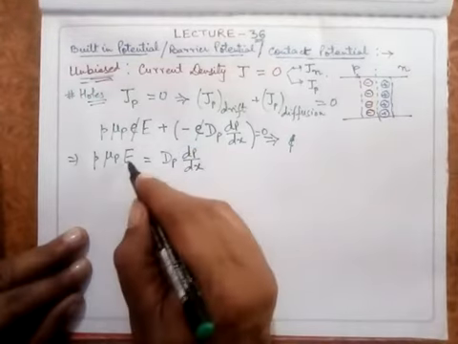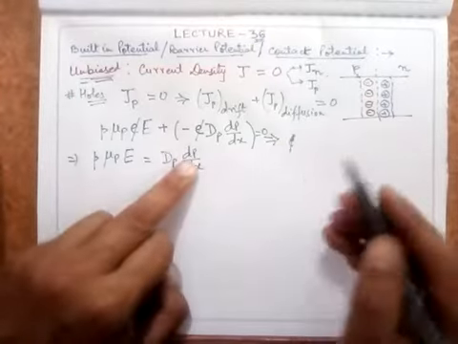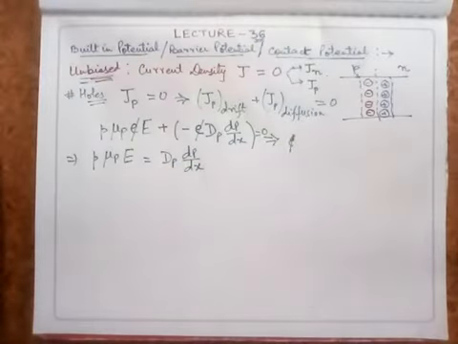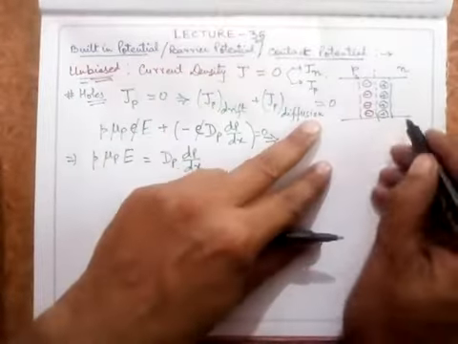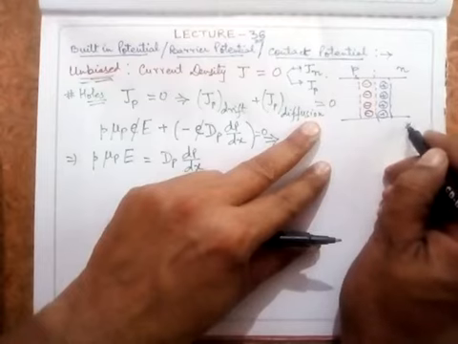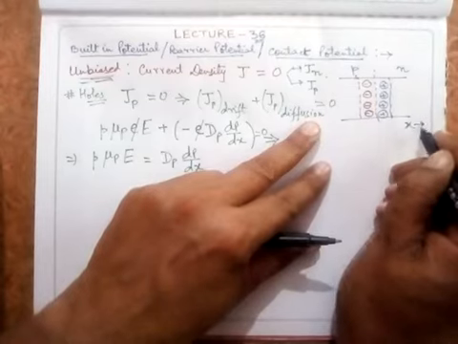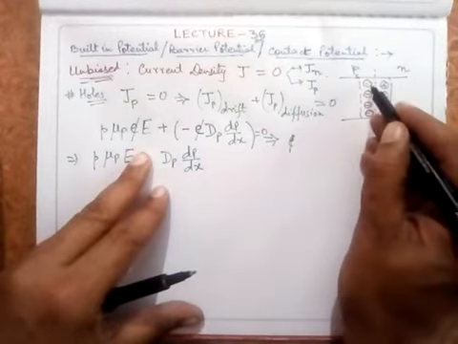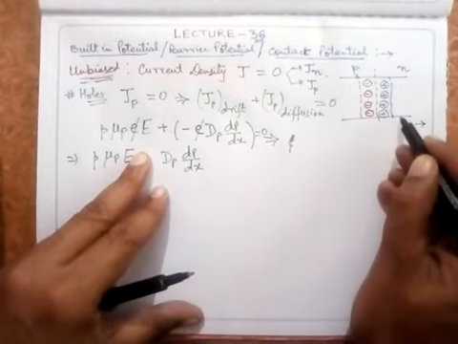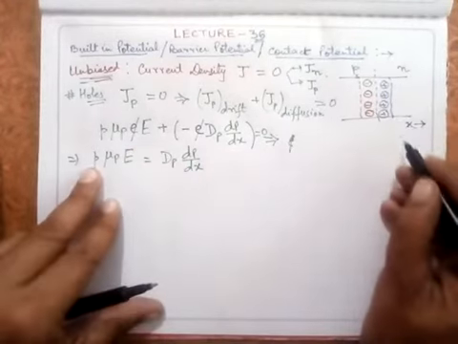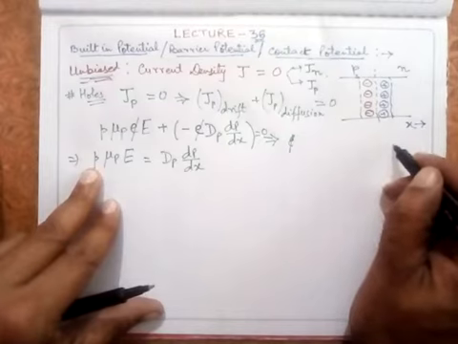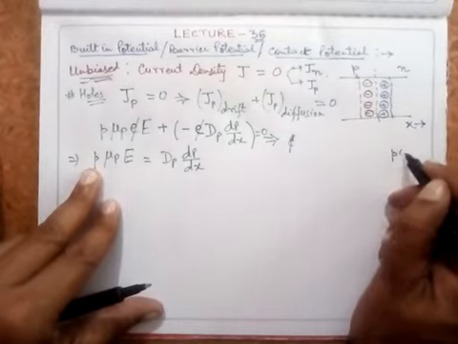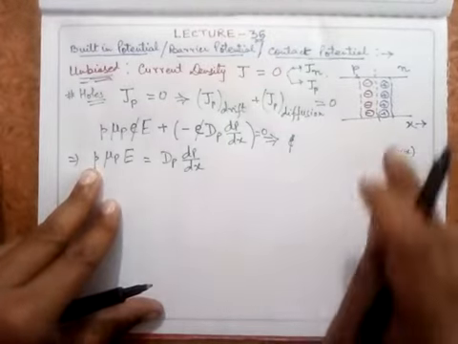Now just see what this is. If I say that this is the positive x direction, displacement is in this direction. These are holes, they diffuse from P region to N region, moving in this direction, means this P is a function of x only.